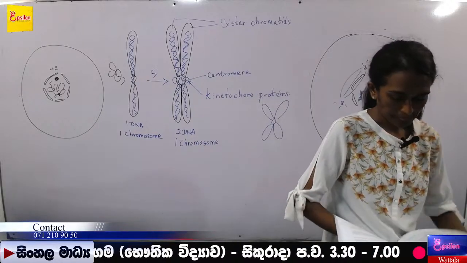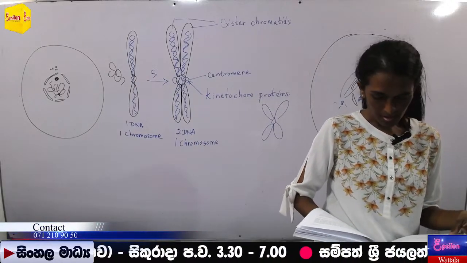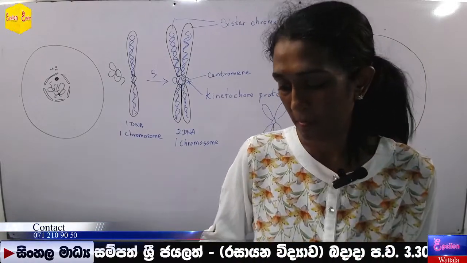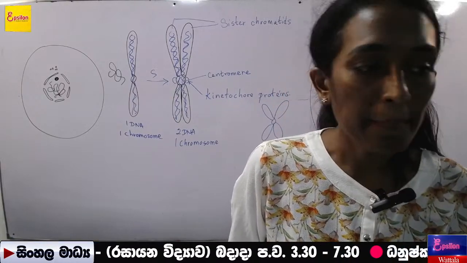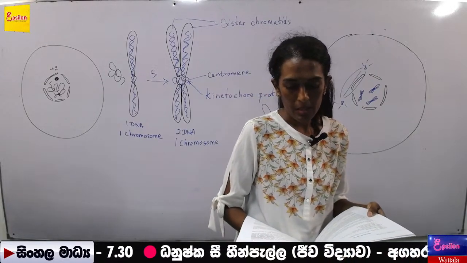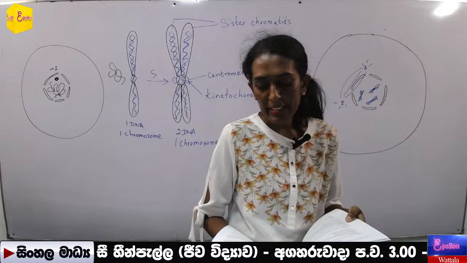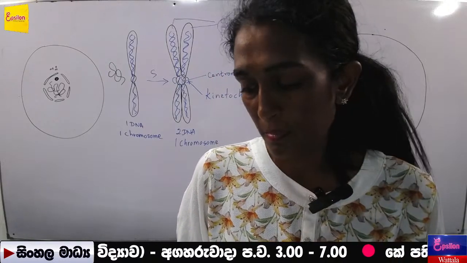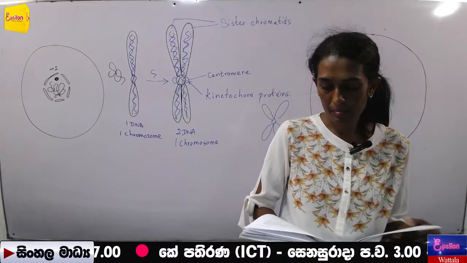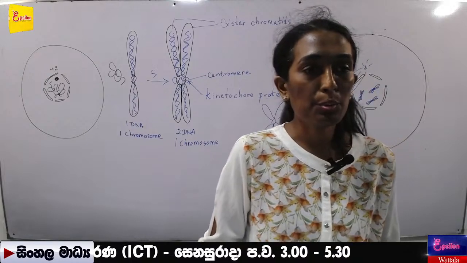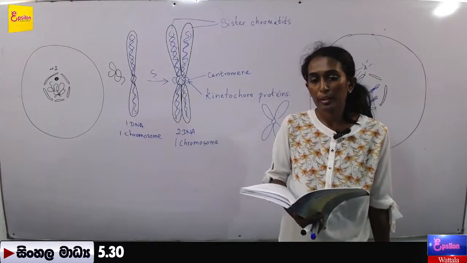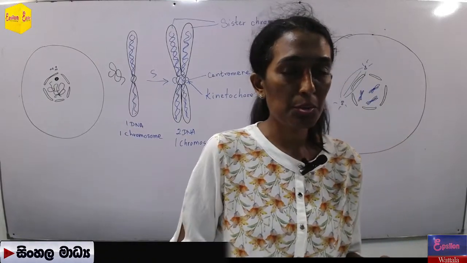Number 1: chromatin fibers get condensed by shortening and thickening and transformed into chromosomes.